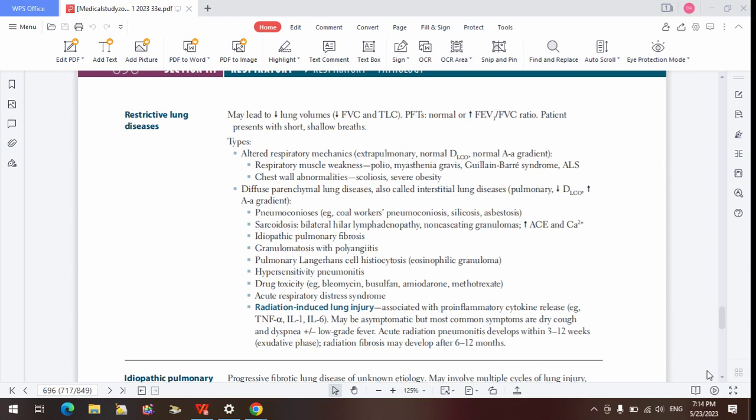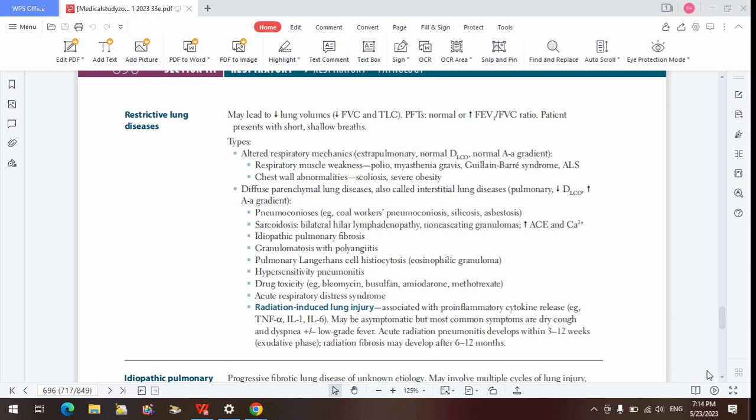So if you see someone having a restrictive lung disease pattern, they've given us FEV1/FVC ratio that is more than 70%. They told us FEV1 is less than 80. You know that is restrictive they are talking about. FEV1 is less than 80. FEV1 over FVC is more than 70.